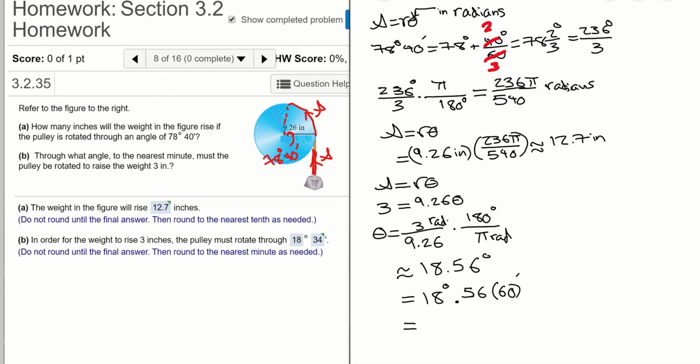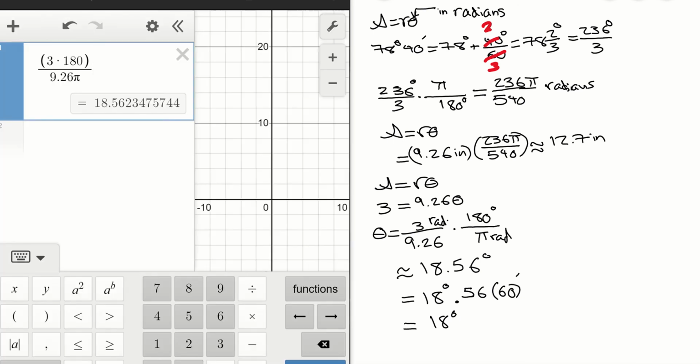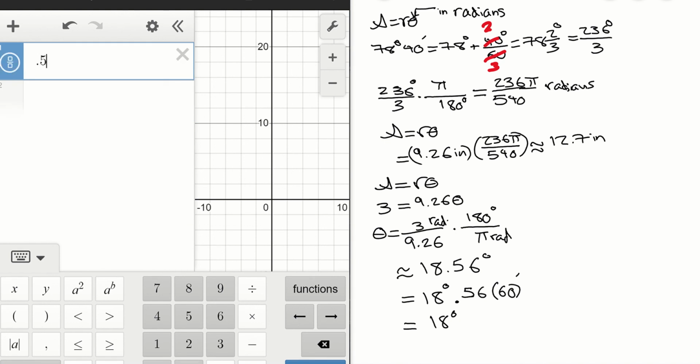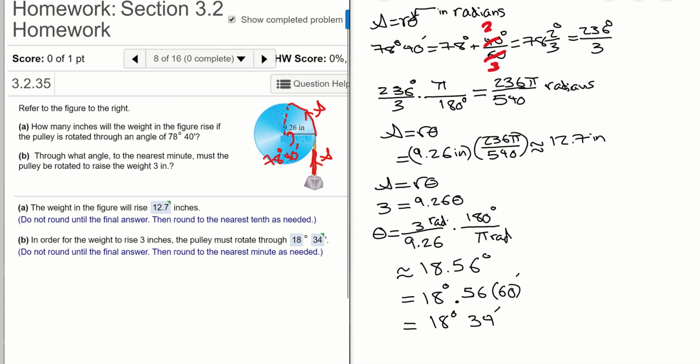So if we go back to our calculator and multiply 0.56 by 60, we get 33.6. So to the nearest whole minute, it'll be 18 degrees, 34 minutes. And that's where our second answer comes from.